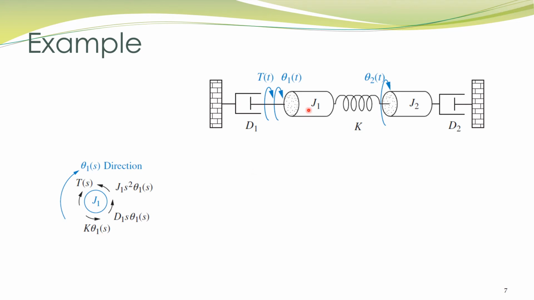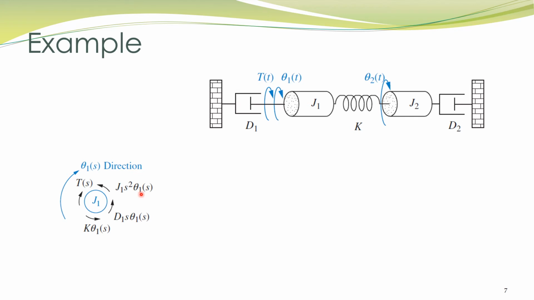This inertial element will also apply a torque, and that is always opposite to the direction of acceleration, and this is given by this expression J1 s square theta 1 of s, because the magnitude of the torque applied by inertia is proportional to acceleration, and s square theta 1 of s is the Laplace representation of the second derivative of theta 1.